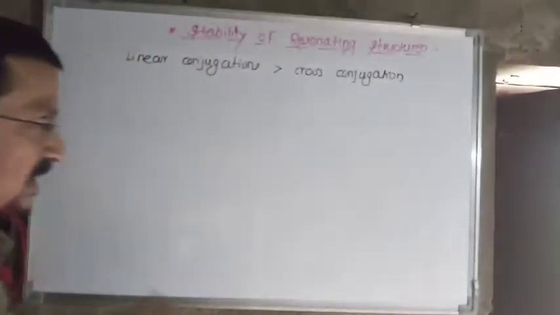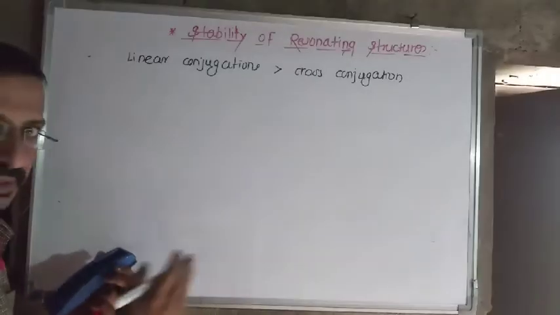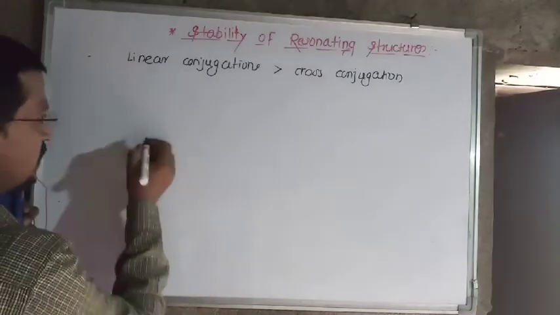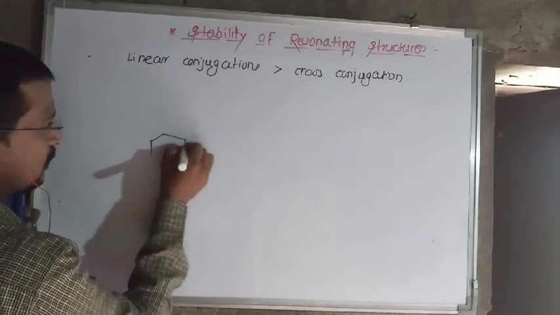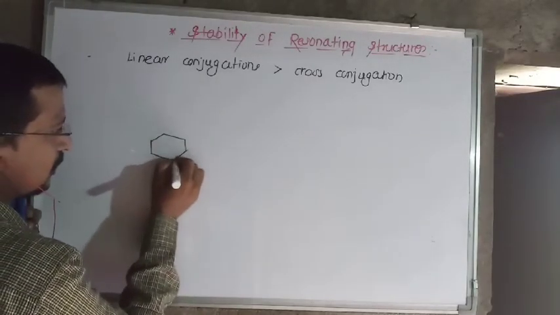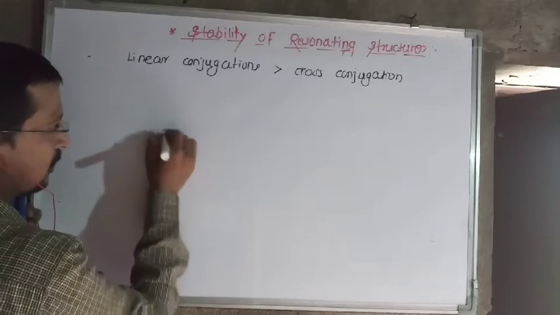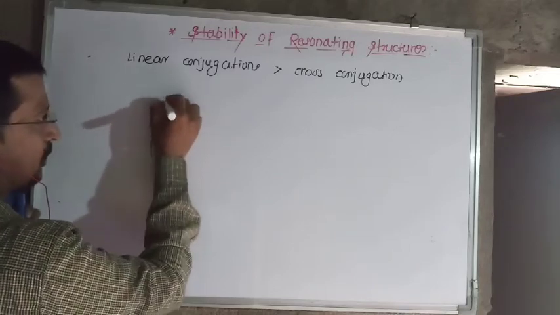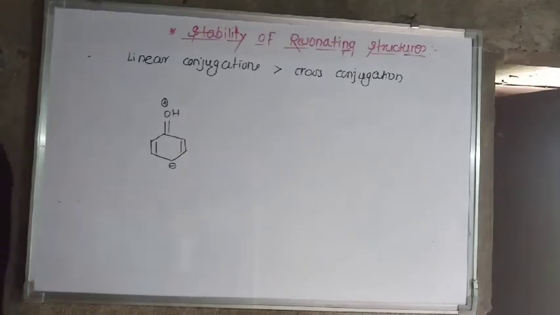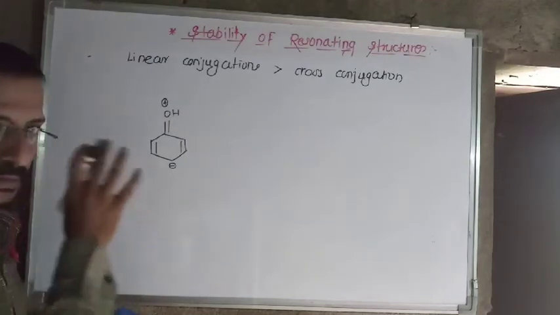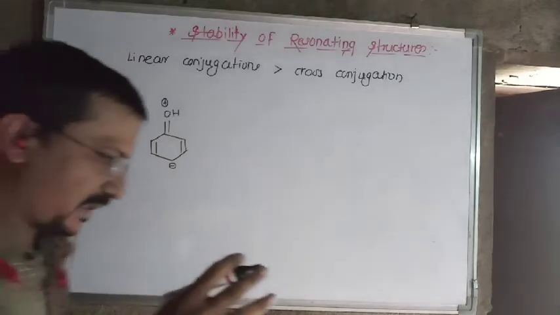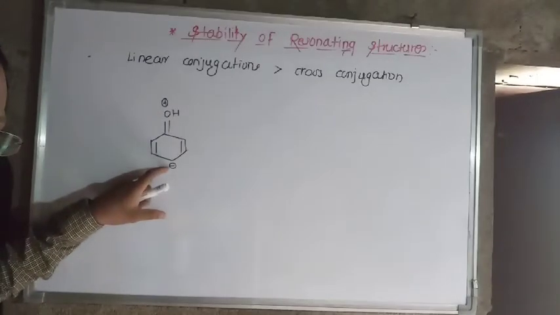Now, what is linear conjugation and cross conjugation? Now see here. I take examples of both linear and cross conjugations and we will arrange. This is an example, isn't it? Now see here. What is the condition? If I consider the resonating possibilities, A double bond B, C have negative charge, isn't it?